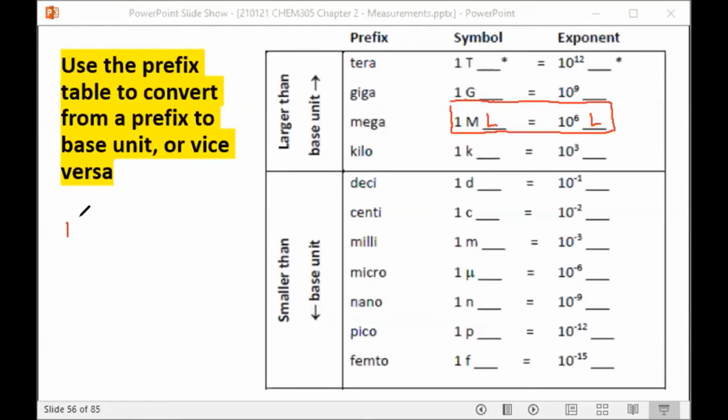We could write 1 megaliter equals 10 to the 6 liters, which could then be written as two different ratios: 1 megaliter per 10 to the 6 liters, or 10 to the 6 liters for every 1 megaliter. Any of these conversion factors on the metric system prefix table could be written as two different ratios. You'll get a lot of practice doing this. We're going to be using the metric system prefix table throughout the rest of the course to convert metric system units, which are used in chemistry.